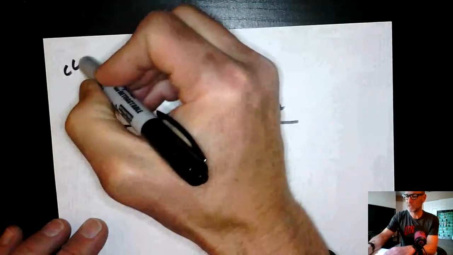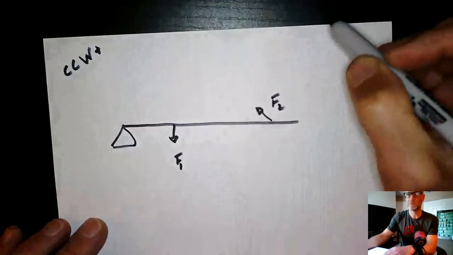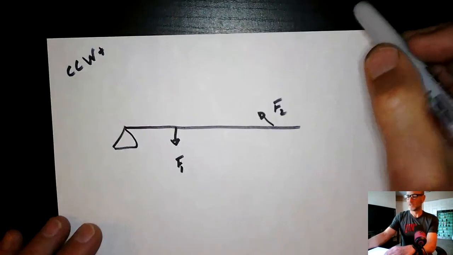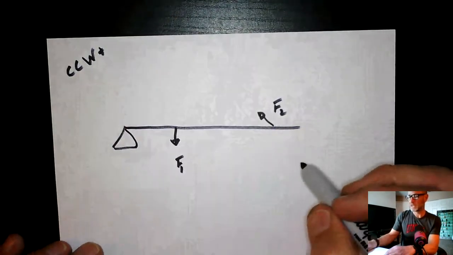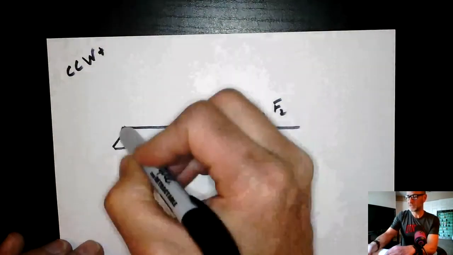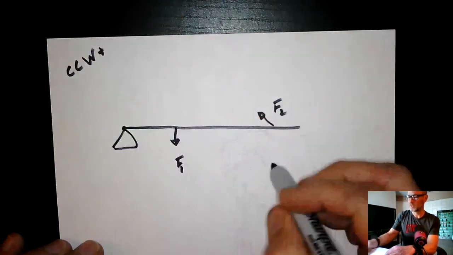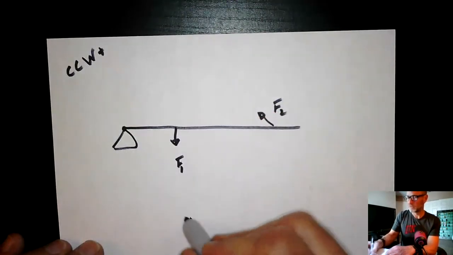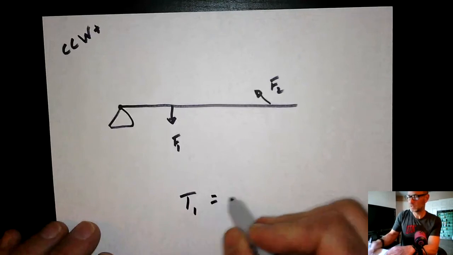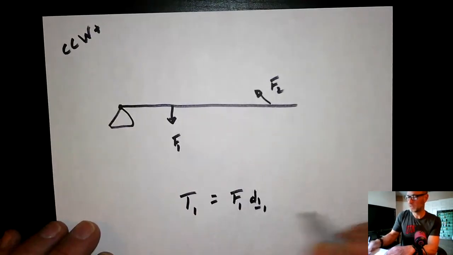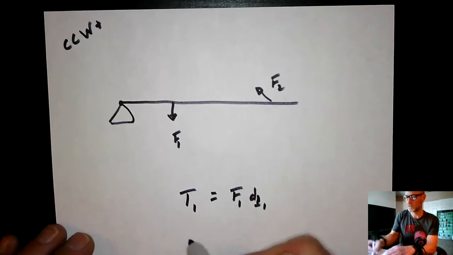Remembering our counterclockwise reference frame is going to be positive. Now we want to identify the torques about this axis of rotation. We have two forces, so we have two torques. So we have T1 equals F1 times d perpendicular 1. And now we need to assign the direction to this torque.